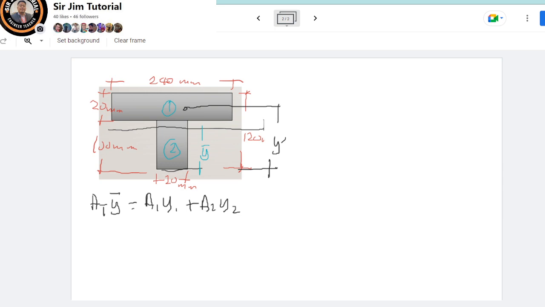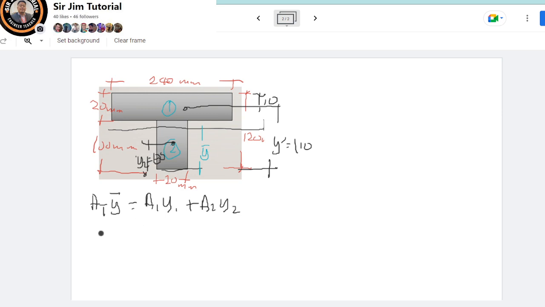So what is our y1? This is 120, this is 10, so meaning this is just 110. And our y2 is from the center of that area 2. If that is 100, meaning y2 here is equal to 50.